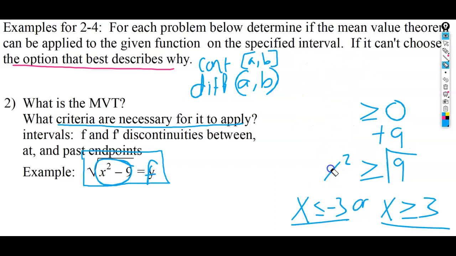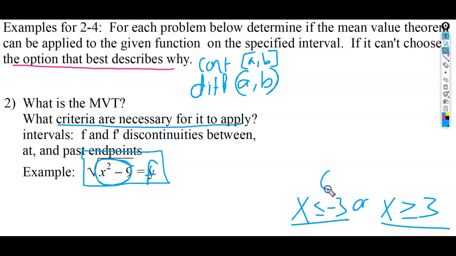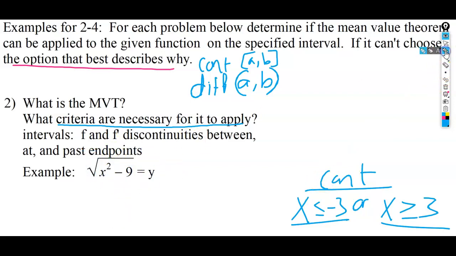So for our function, for its continuity, that's where it's continuous. So this function is continuous anytime x is less than or equal to negative 3, or greater than or equal to a positive 3. Now what about where is it differentiable? Well, to do that, we need to find the derivative.